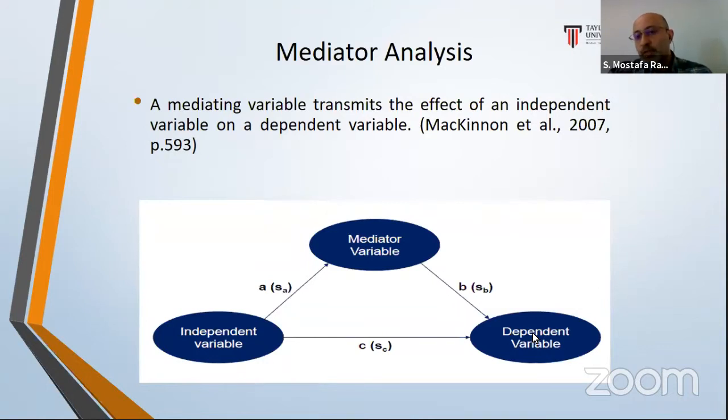It's not possible to simply say that when a variable is located between two other variables it can be a mediator. For a mediator hypothesis, we need support from the literature, and we need to confirm that this variable can play a role between IV and DV to transmit the effect of IV to DV.